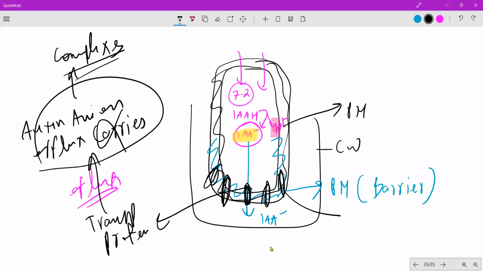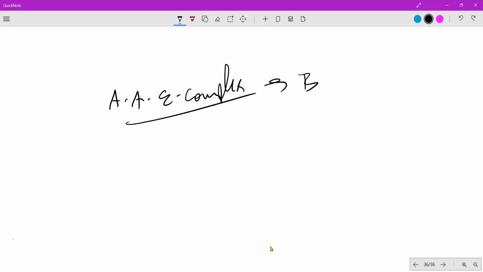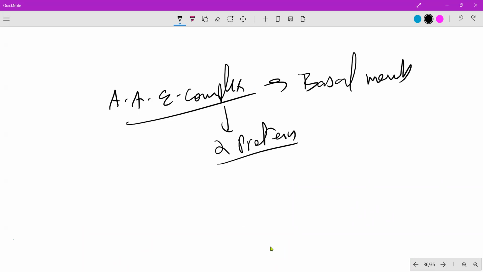And this complex is also made up of two proteins. So auxin anion efflux complex, which is found on the basal membrane, is also made up of two proteins. Now, a question I have.